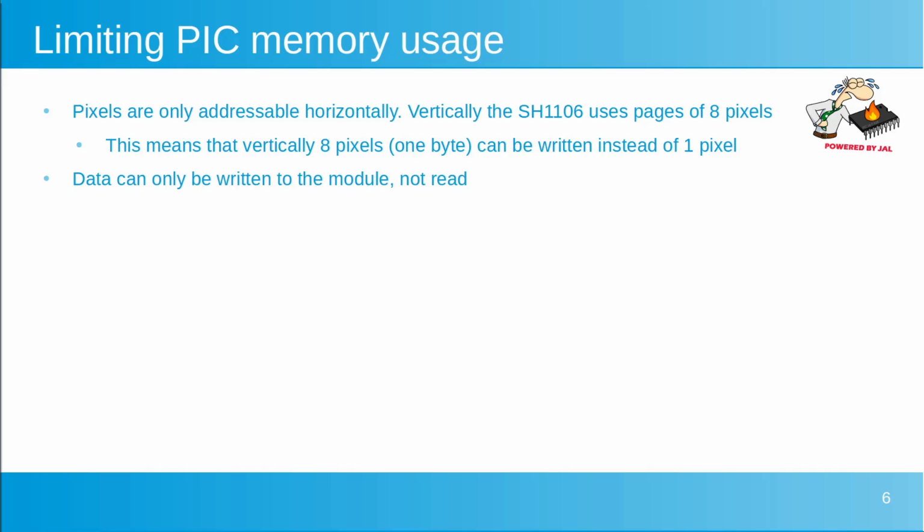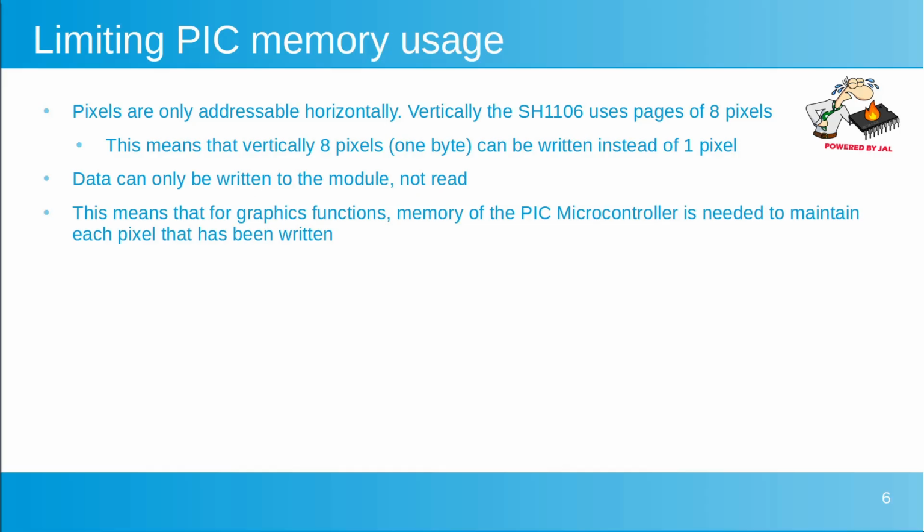You can't read the data which has been written back. That means if you want to use graphics functions, you need some memory to store all the pixels that have been written to the display. And for this you need a cache of 128 by 64 pixels divided by 8 bits, which is 1 kilobyte, which has to be maintained by the library.